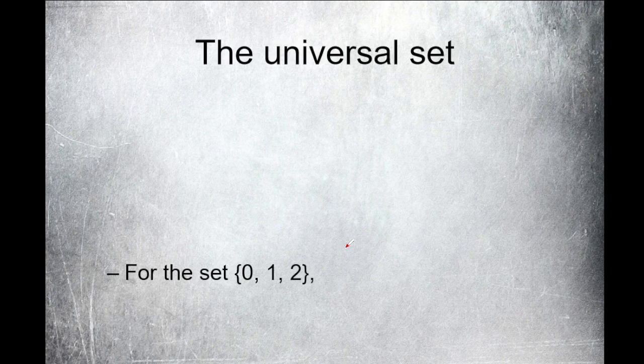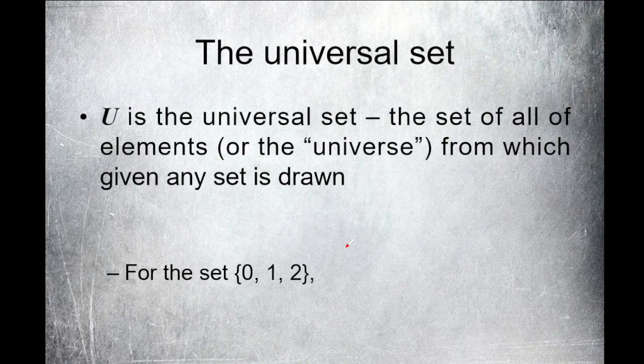So let's see the different types of sets. Here we have a universal set. The universal set is denoted by U, and it is a set of all the elements from which any given set can be drawn. It can be called a universal set, where every element is in that one. So let's see two examples.